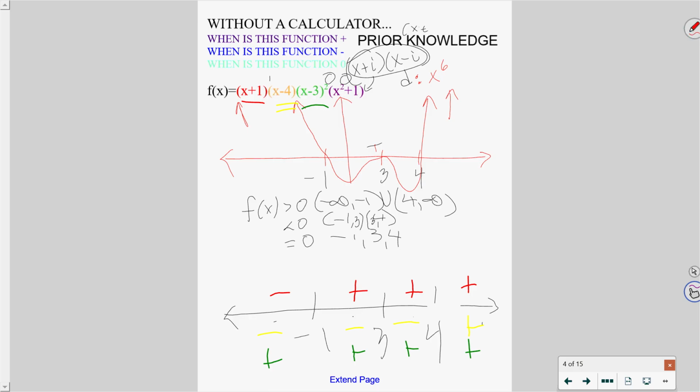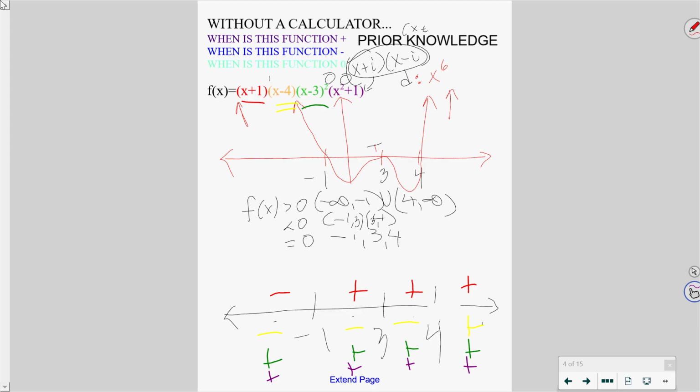All positives again. So I asked you for the least number of limit lines in your quiz. What if I asked you for the least number of sign graphs? What colored sign graphs are needed? What colors are not? So I got red, I got yellow, I got green, I got purple. Which ones aren't needed?